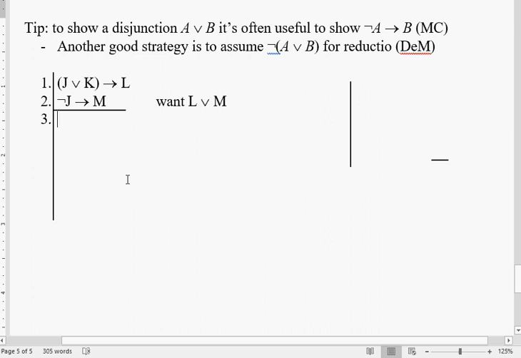So we basically want to show now a conditional. We want to introduce a conditional. So we're going to use that conditional introduction rule. We're going to assume not L, okay, and we're going to want M.